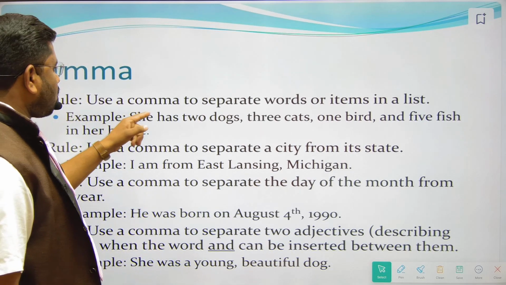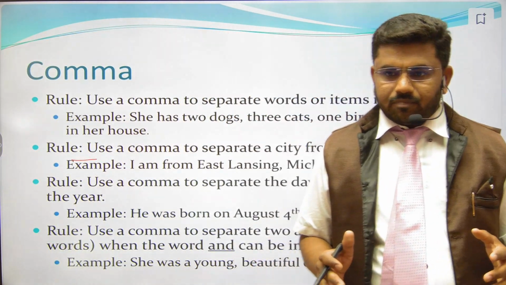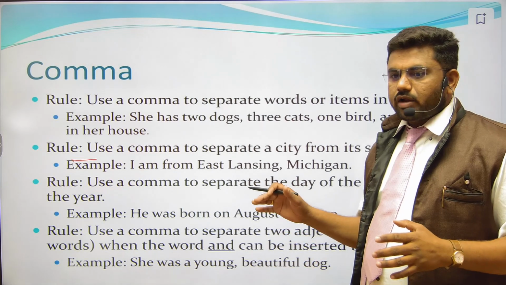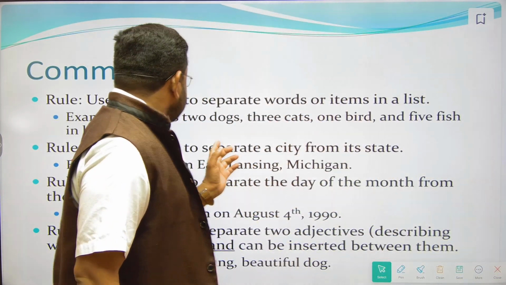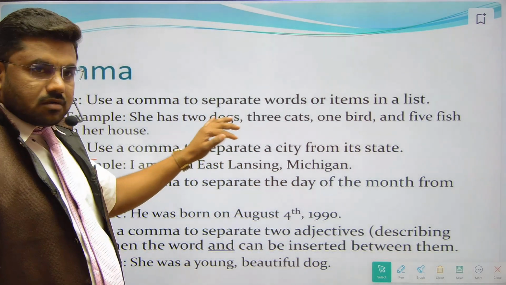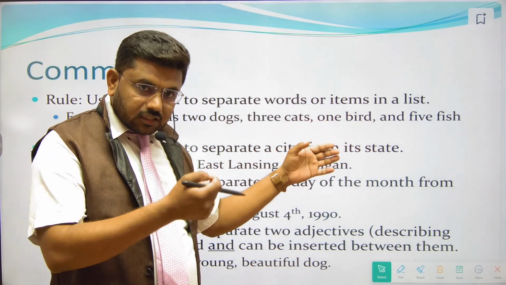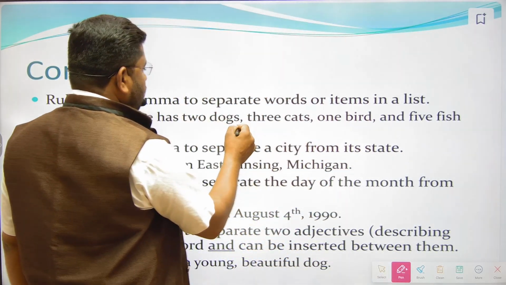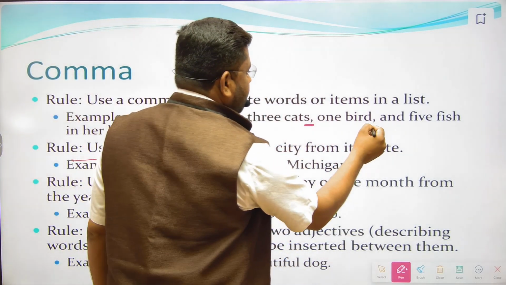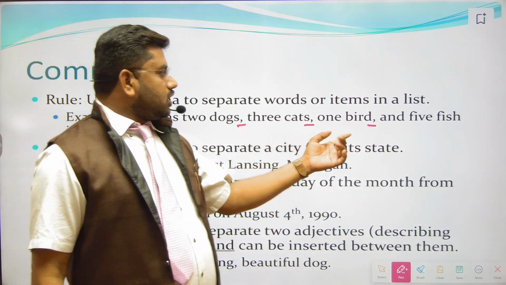Now use a comma to separate words or items in a list. Examples are given here. She has 2 dogs, then a small pause, then 3 cats, then again a small pause, which means we take small pauses between the words, and there we put the commas.